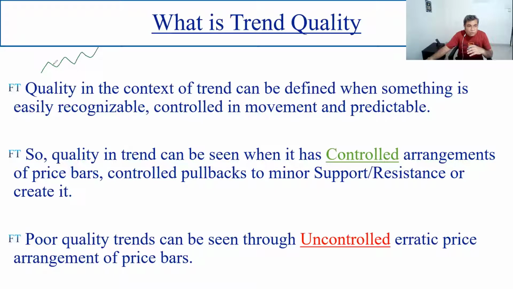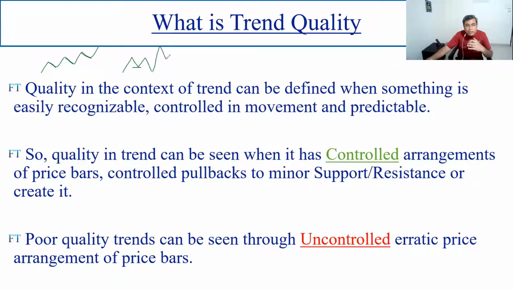And when it pulls back, these are the pullbacks in an uptrend, but they should be in a very controlled way. These pullbacks should not be such that prices start to move up and then you have a pullback, then again a movement to the upside, and then again a pullback which has broken the prior low, right?